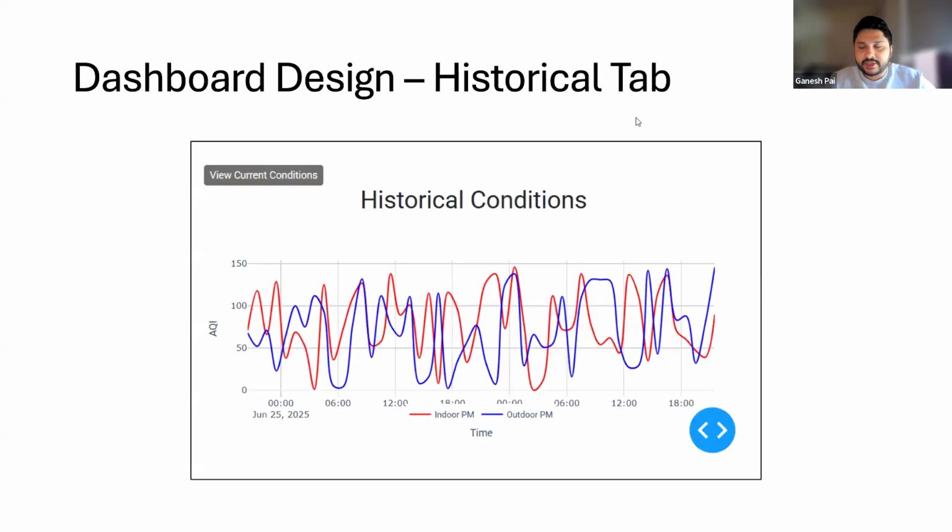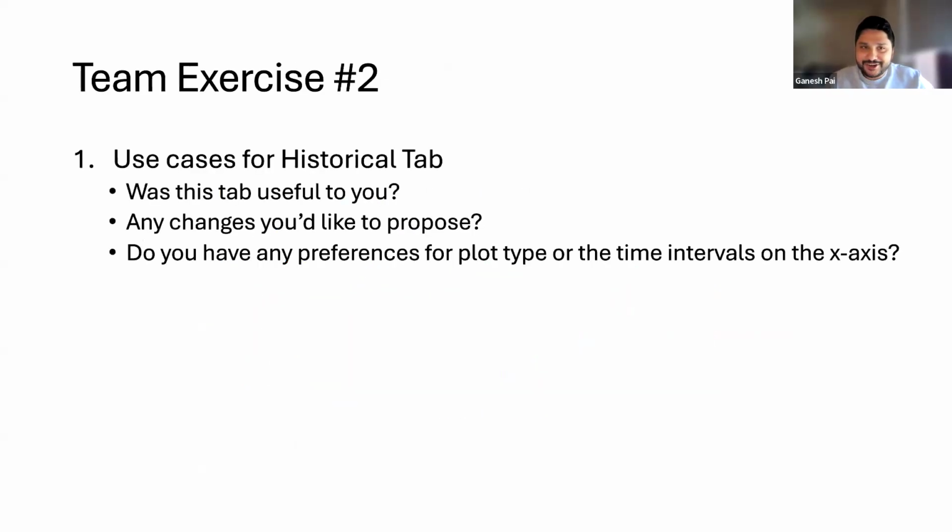Now, there is a third tab, and I'm not sure how many folks have actually interacted with it, but it gives us a historical condition about how the AQI has changed over time, over different time intervals, indoor and outdoor. So now the question here is, was this tab useful to you? Did you interact with this tab?